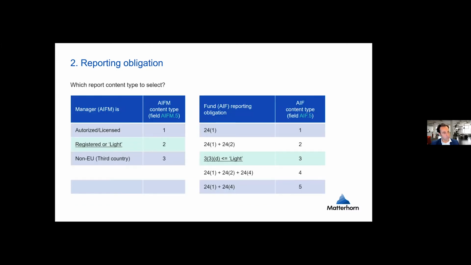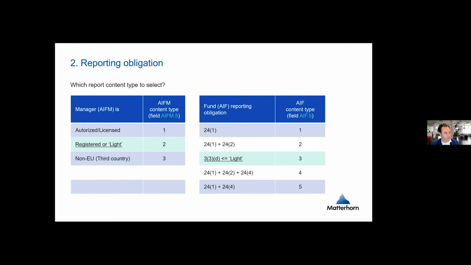Then related to this reporting obligation, the reason why we point this out is because there are codes in the report that you have to set correctly. And those codes are also important for our software, because we use those to check whether your information is complete. So that's why it's important to set these correctly. There's a code called field 5 for the manager.